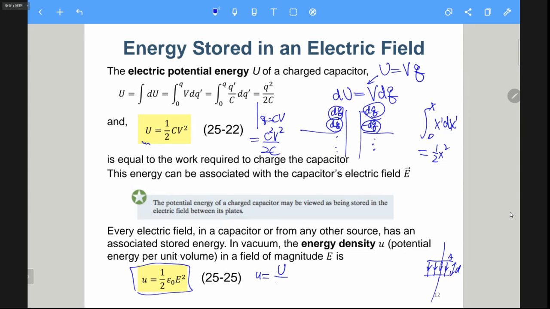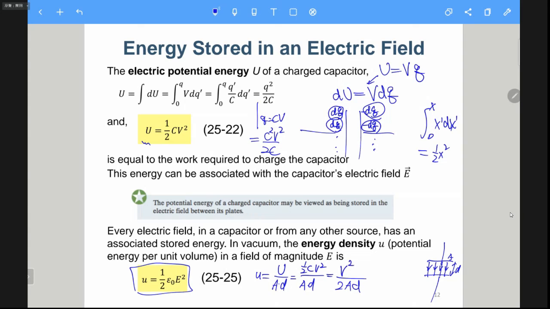So it is U over A times D. U is 1/2 CV squared over A times D, so we have 2AD and then V squared.